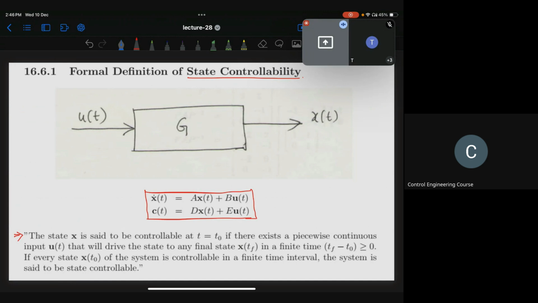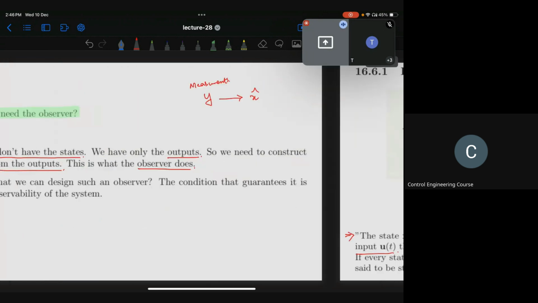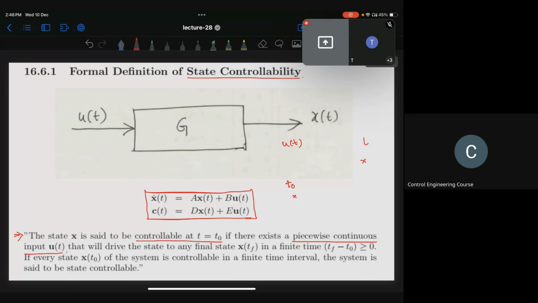The state x is said to be controllable at t equal to t naught, where t naught is the initial time, if there exists a piecewise continuous input u of t which drives the system from the initial state at t naught to the final state at tf within the finite time, where tf minus t naught is greater than or equal to 0. Then we can say that the system is controllable in this finite time.